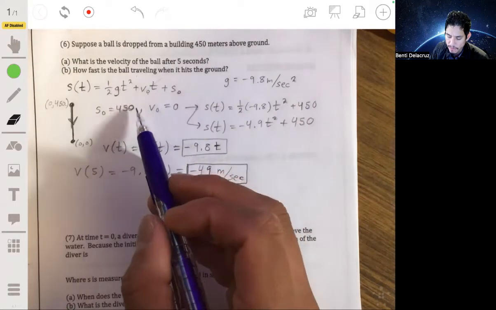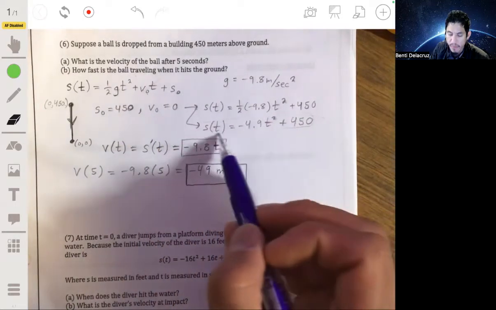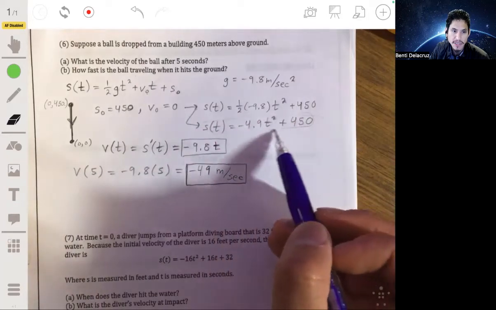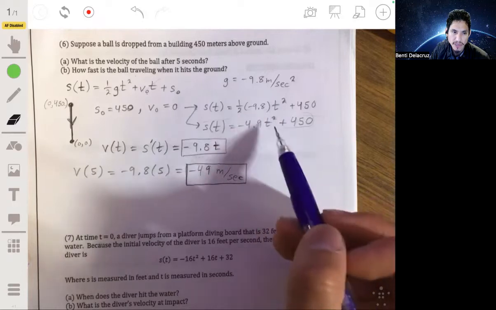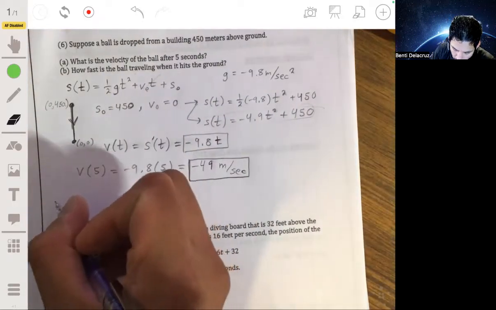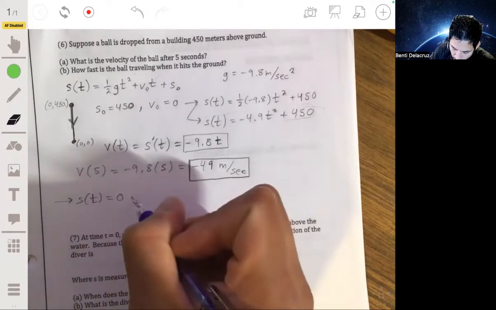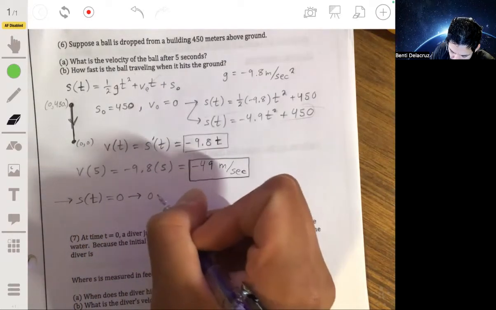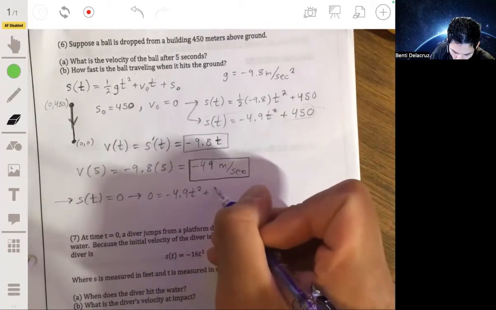So we essentially are just going to solve for the zeros of the position function, because we want to see at what time t this equation will be equal to 0. So essentially we want to solve for s of t being equal to 0. So we're going to have 0 equal to negative 4.9 t squared plus 450.